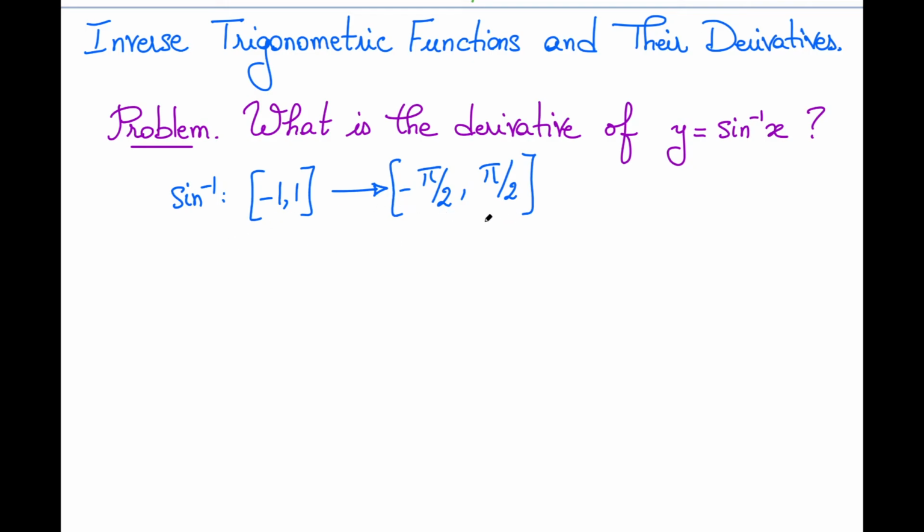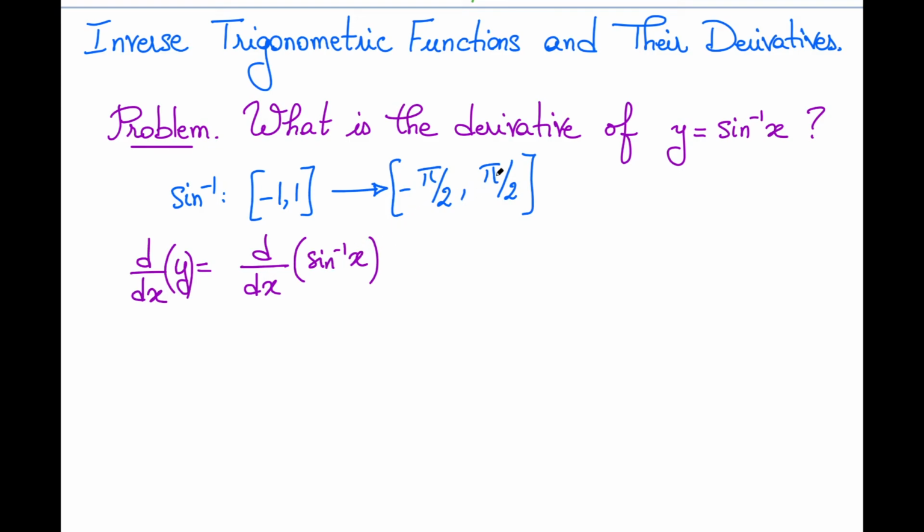Okay. And we want to find the derivative of y, which is the derivative of sine inverse of x. Well, number one, we know that sine is a differentiable function, right?